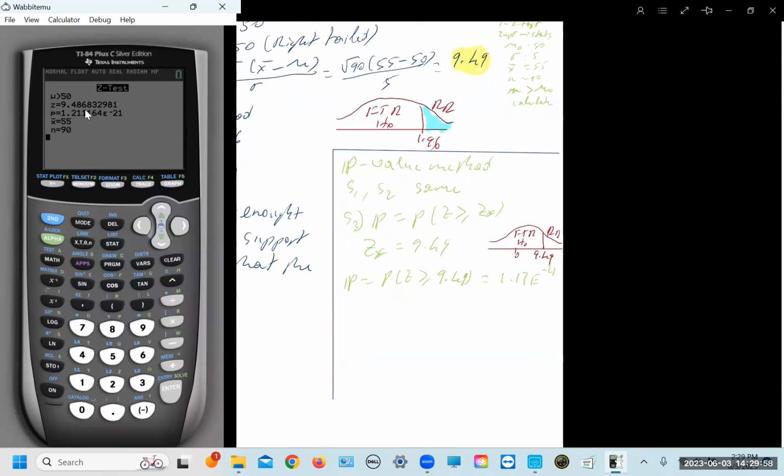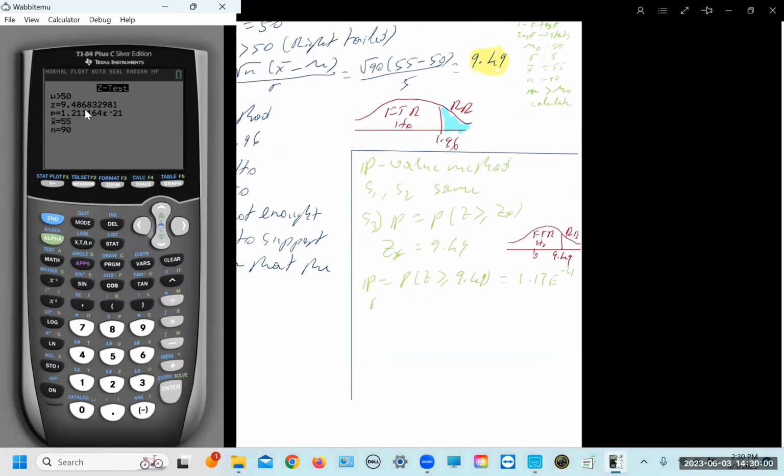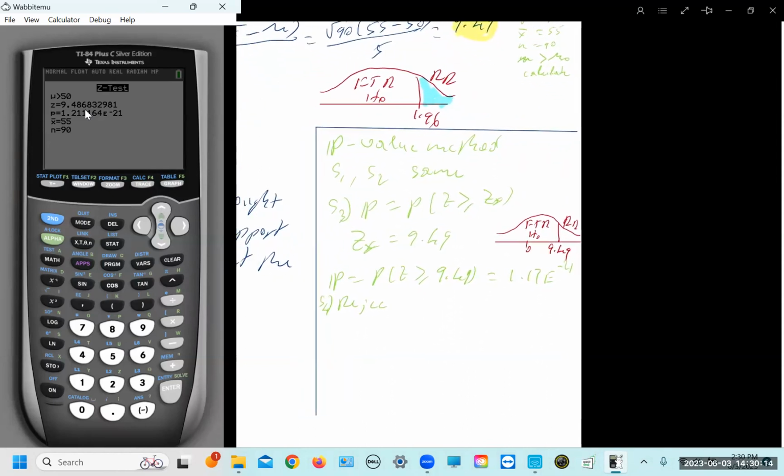So this one we say reject. Step 4, reject, because they fell into here. So reject. Let me highlight it. Okay. So reject H0. Therefore, mu is 50.